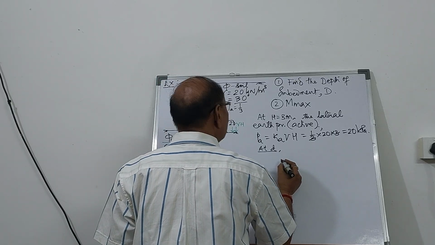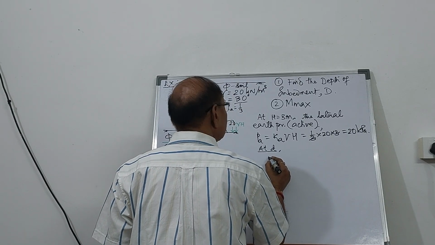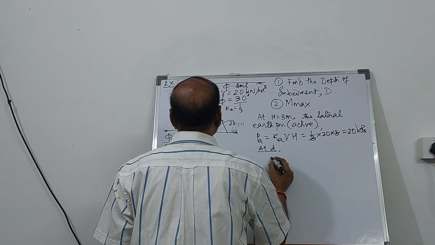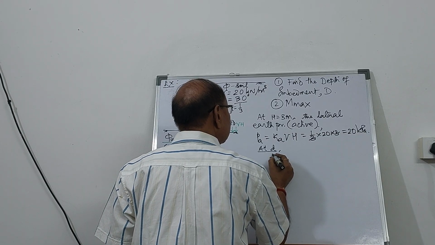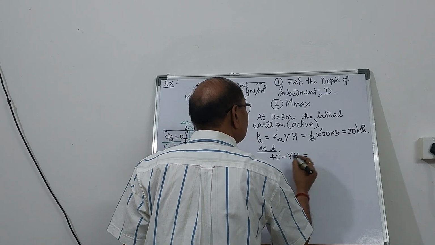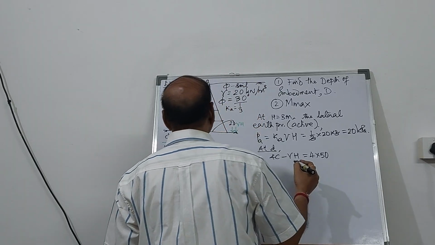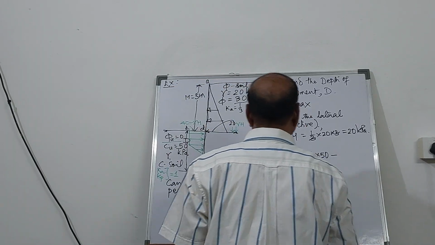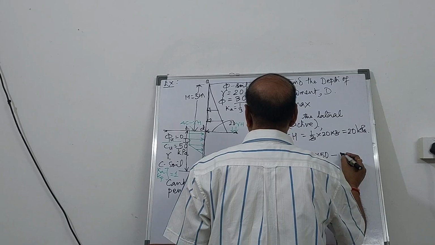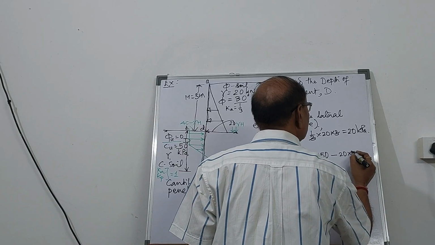So DD1, this pressure is going to be passive in nature, and the net pressure is going to be 4C minus gamma H. So calculate this pressure, 4C minus gamma H equal to 4 into 50 minus gamma, which is already known to us and given as 20, multiplied by 3.